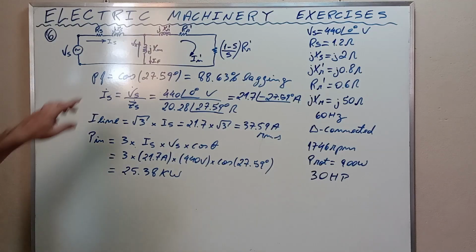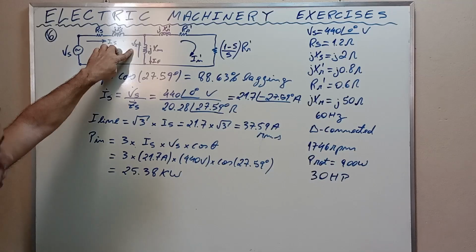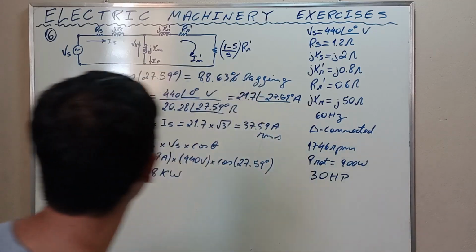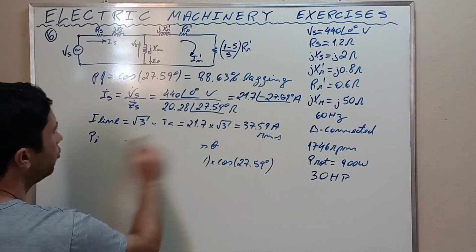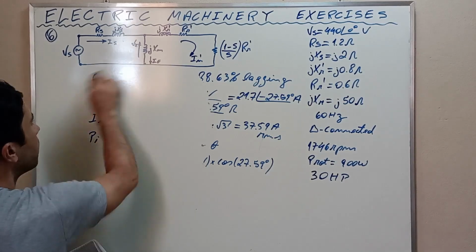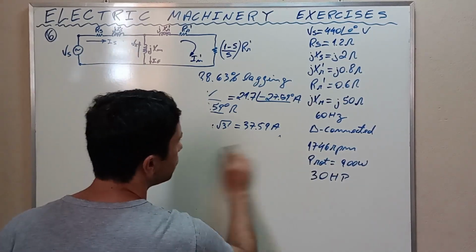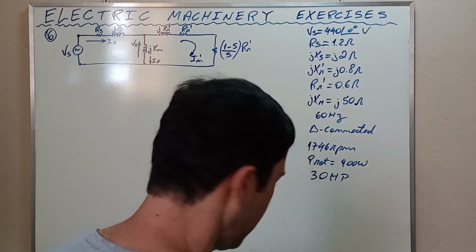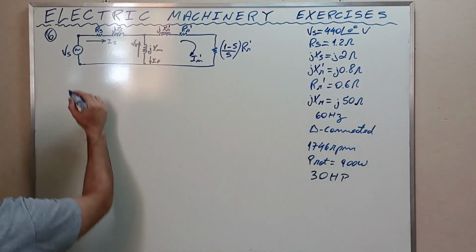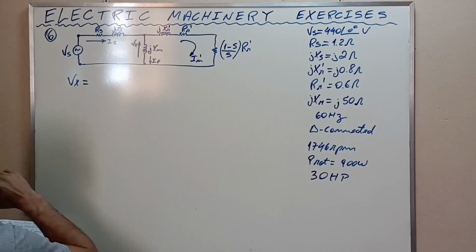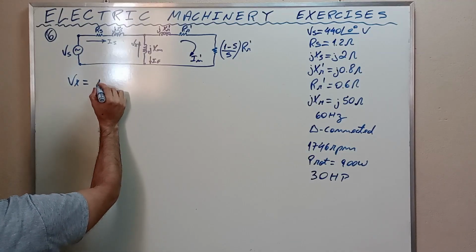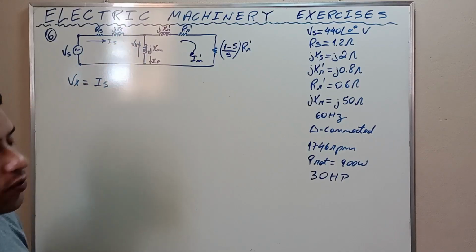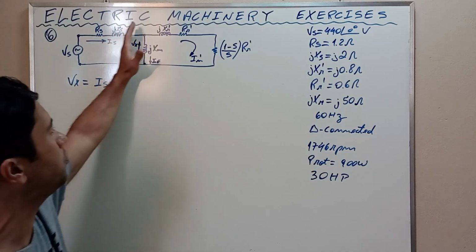Now we are going to calculate this Vx. I'm going to clean here again for more room. Vx is equal to Is, the current of the source, times the equivalent impedance that substitutes all this.